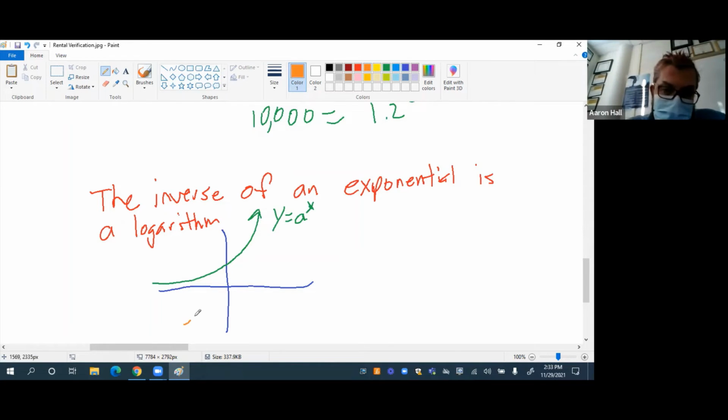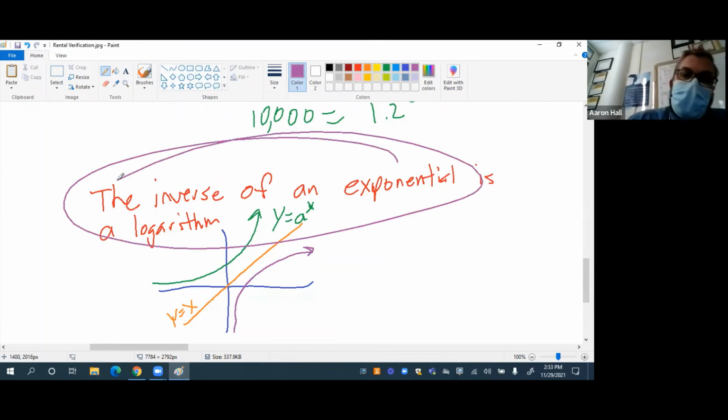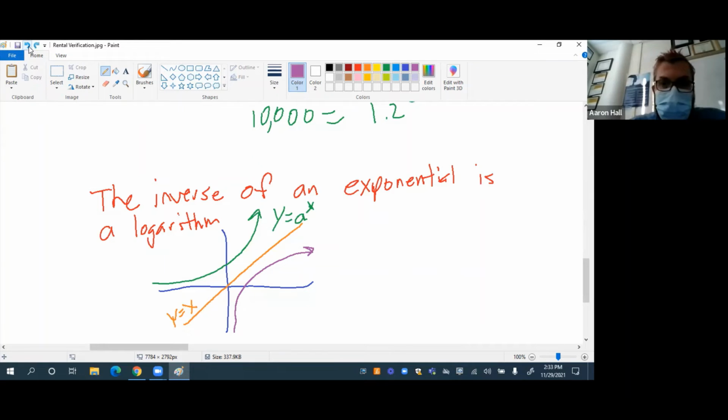Yeah, so we have to have some graph that's a reflection across this y equals x. That gives us something like this. And because the whole point of a logarithm is to be an inverse, we will call this y equals log base a of x. They're inverses.